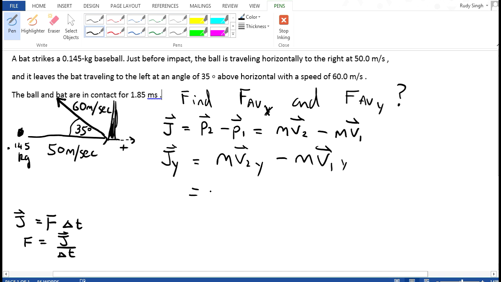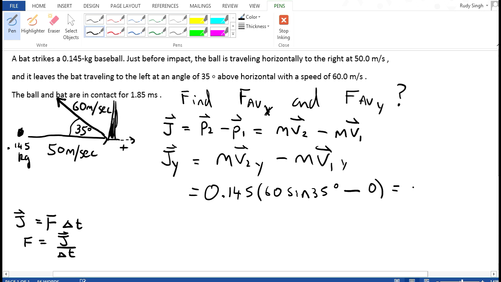Well, m again stays the same as 0.145, and the second velocity in the y direction, that's the vertical component, well, that's the sine of 35 times 60, so that'd be 60 sine of 35 degrees. And the initial velocity in the y component is 0 because initially it is all horizontal.